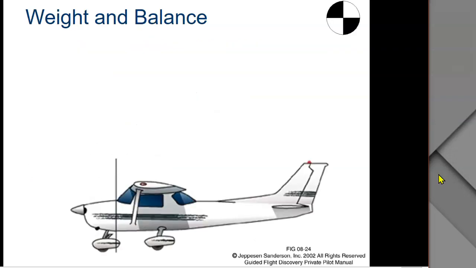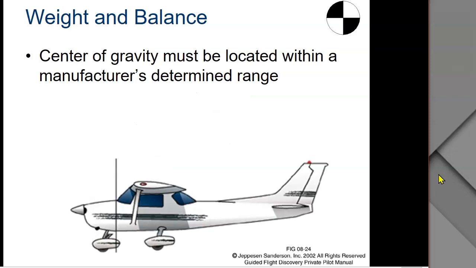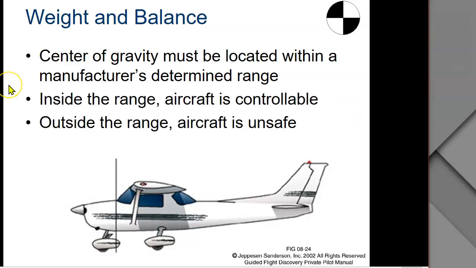So now we need to talk about weight and balance. For every aircraft, the manufacturer determines a zone or an area where the center of gravity needs to be. It can be a little to the front, a little to the back, but there's a specific place where it needs to be in order to keep everyone safe. If it's inside the range determined by the manufacturer, the aircraft is easy to control.